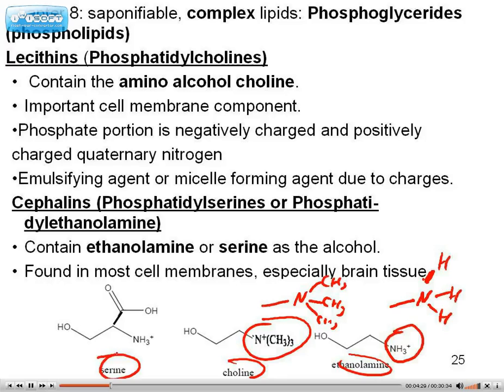If we take a look at serine, here we still see the same 2 inner carbons and the alcohol. Over here we have an NH3. However, we now have a carboxylic acid that's attached. So you're responsible for memorizing these 3 initial structures: serine, choline, and ethanolamine.